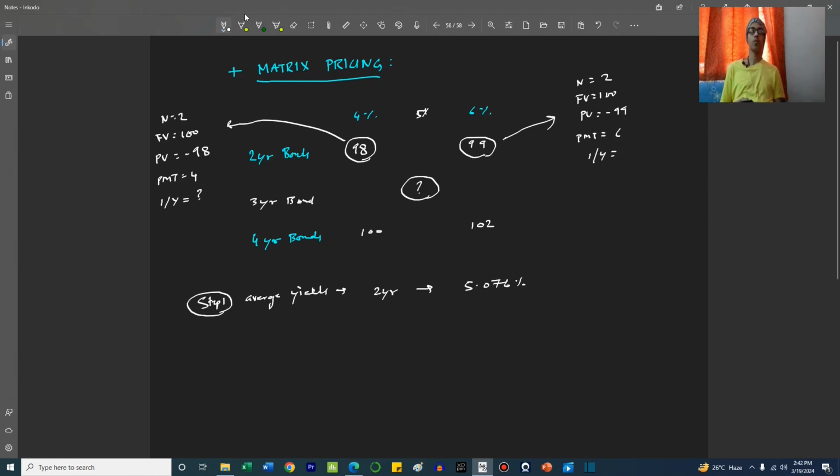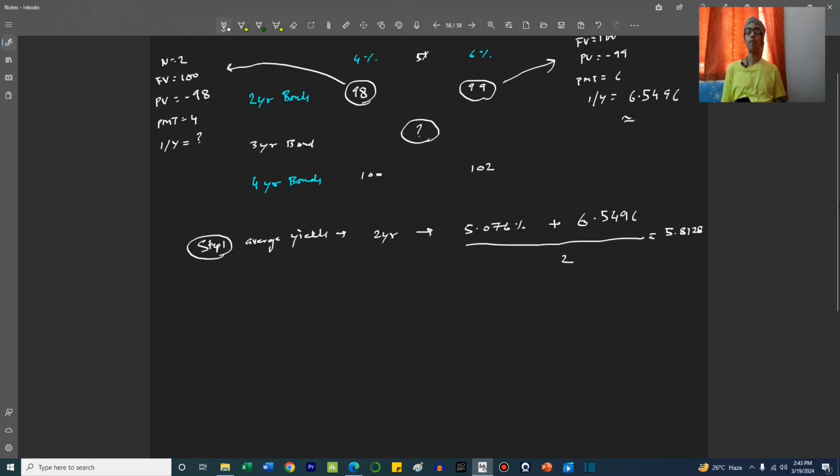The yield is coming to be 6.5496, or approximately 6.55. So we take the average of these two, 5.076 and 6.5496, divided by 2. This comes as 5.8128.